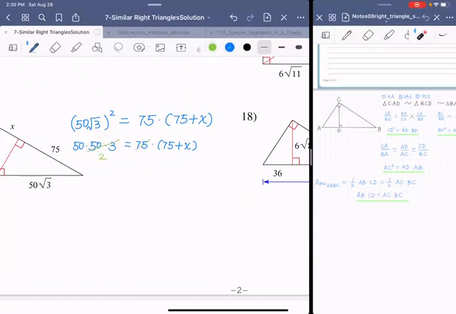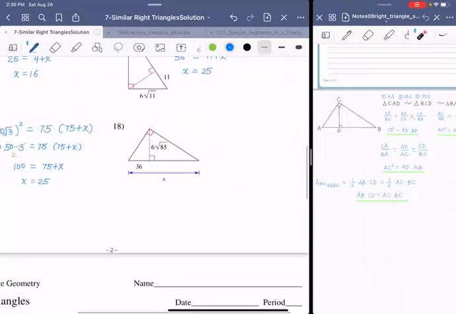Correct. So x equals... oh, x equals 15. Wait, no, 25. Okay. All right. Thank you.